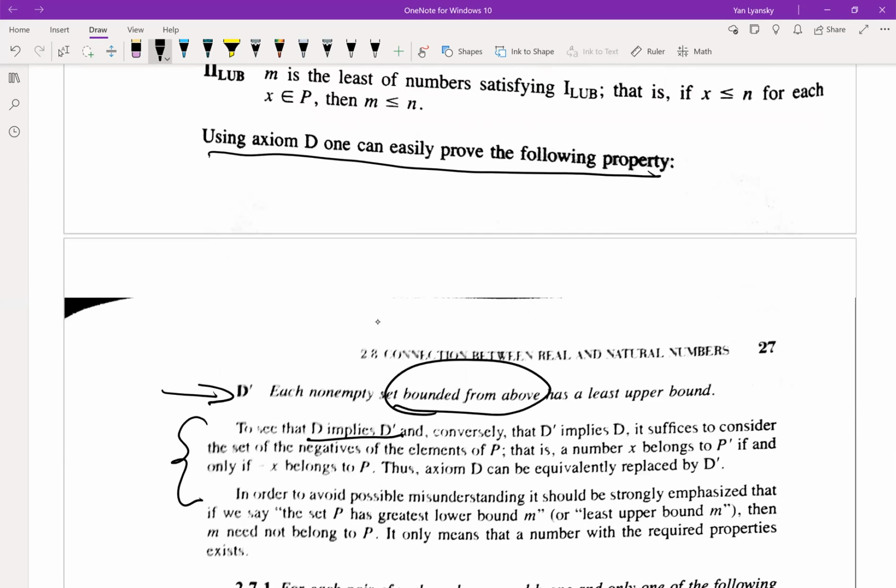The negative makes it so, and this greatest lower bound turns into a least upper bound, and vice versa. So looking at the negatives of the elements, D implies D prime, and likewise D prime implies D. You can go either way. I didn't read it word for word, but that's logically what he does.